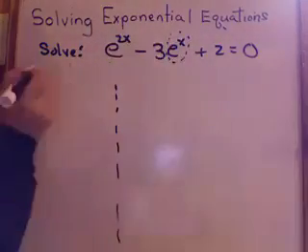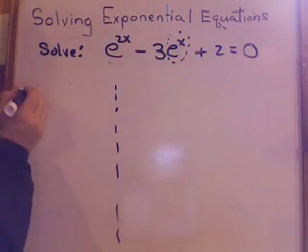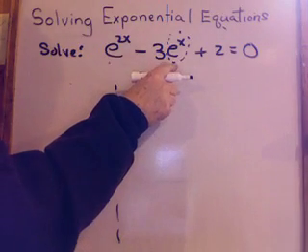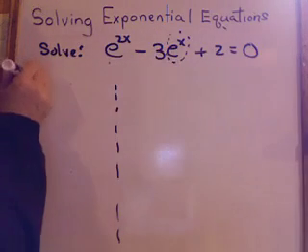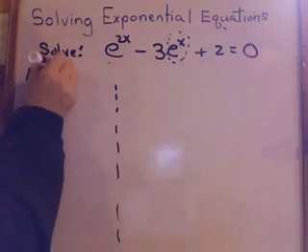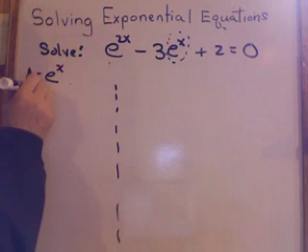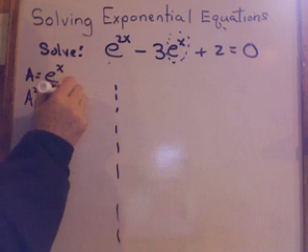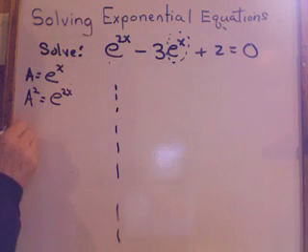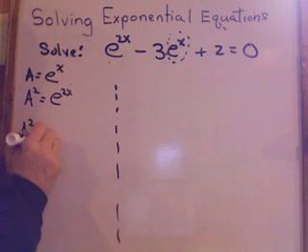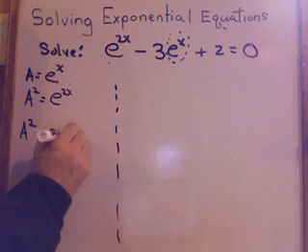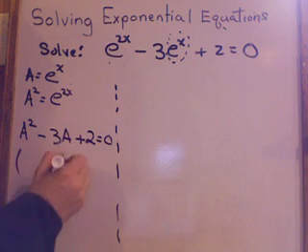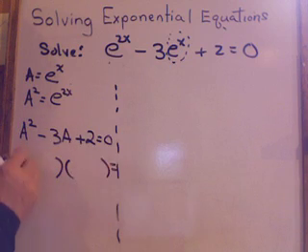It's similar to if I wanted to do this problem with substitution, I could call that a capital letter A. And this, so if A equals e to the x, what do you think A squared would equal? Square that, e to the 2x. So this problem could look like A squared minus 3A plus 2 equals 0.